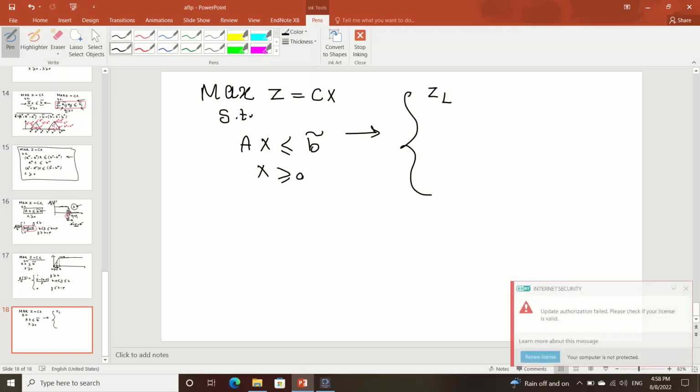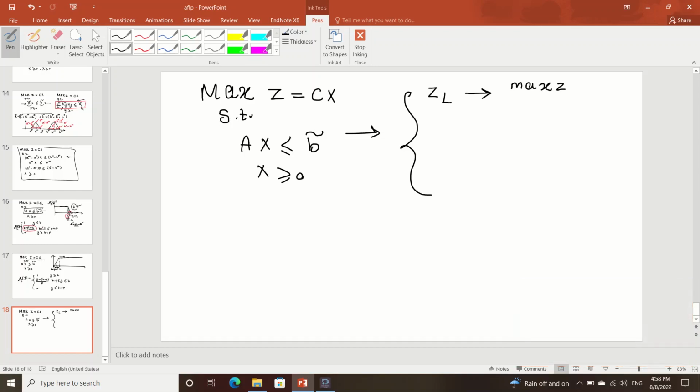ZL can be calculated by solving the maximum Z subjected to ax less than b, and Z upper is obtained by solving the maximum Z subjected to ax less than b plus p, the tolerance.